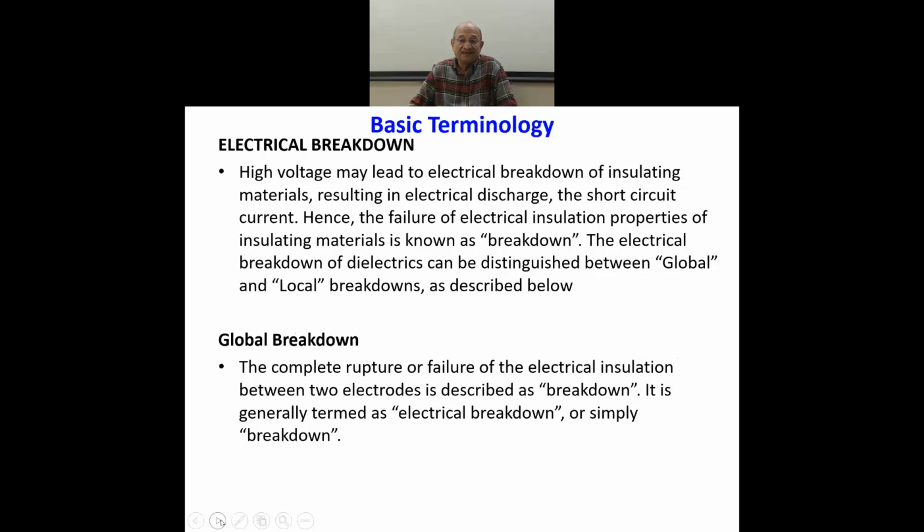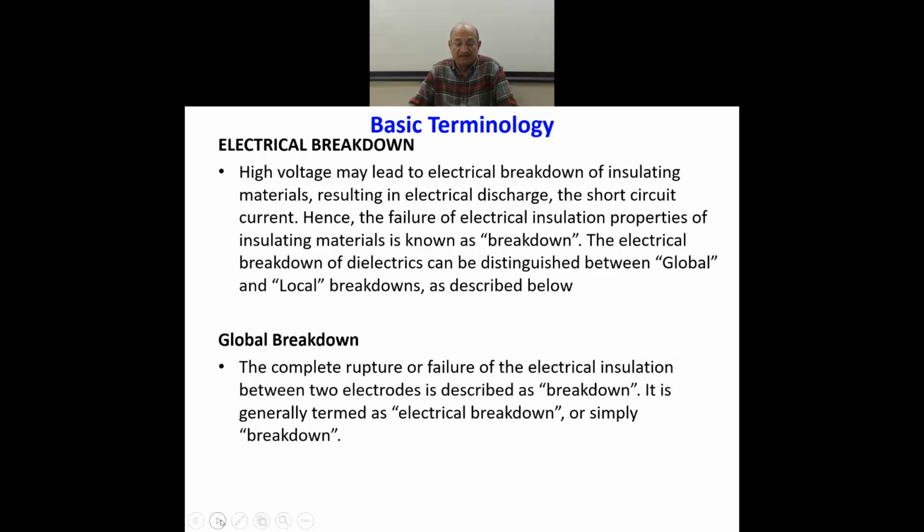Under certain conditions, when you apply voltage to the insulating material or the dielectrics, it may not be able to sustain that voltage, and it gives up its insulating properties, and a rupture in the material takes place.